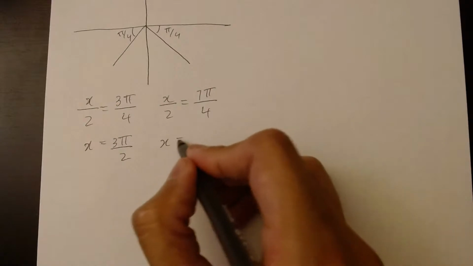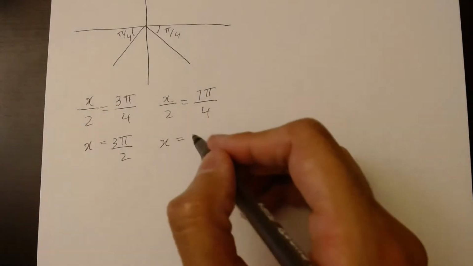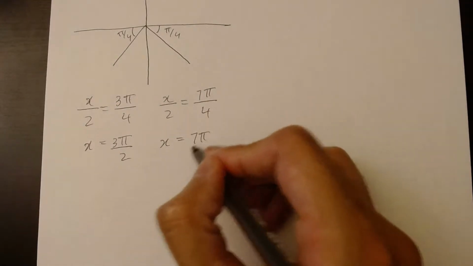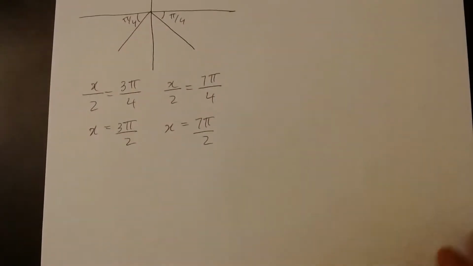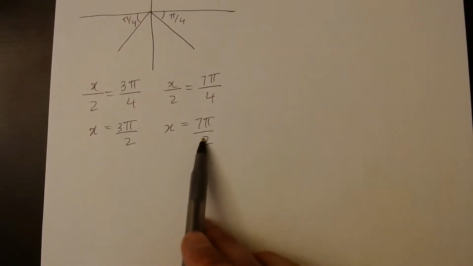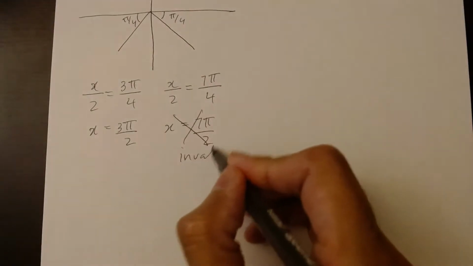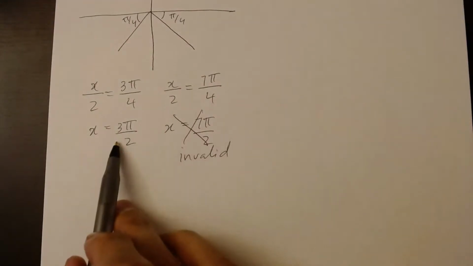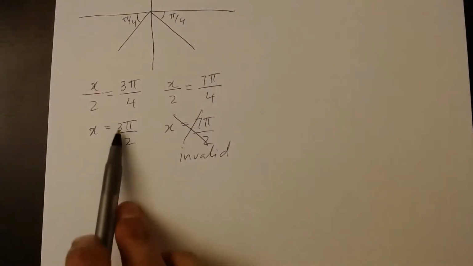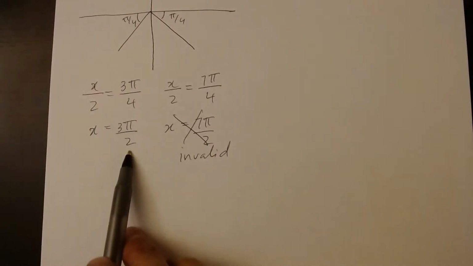And here I get x equals 7 pi over 2. Again, 7 pi over 2 is too big to fit in this. So this is not a good solution. It's invalid. We only have one good solution in this question, which is 3 pi over 2.